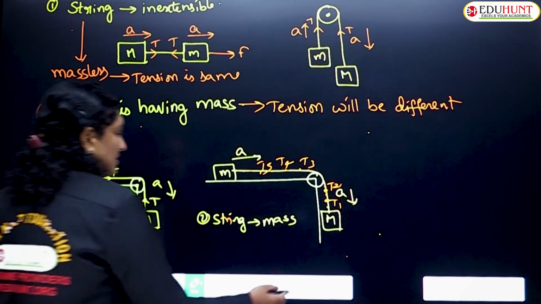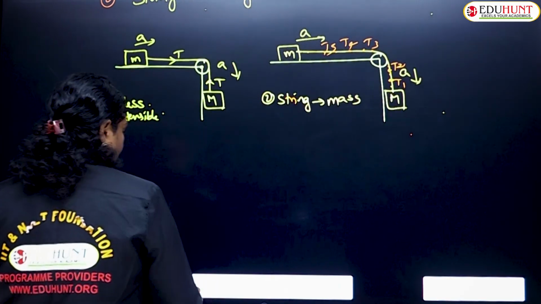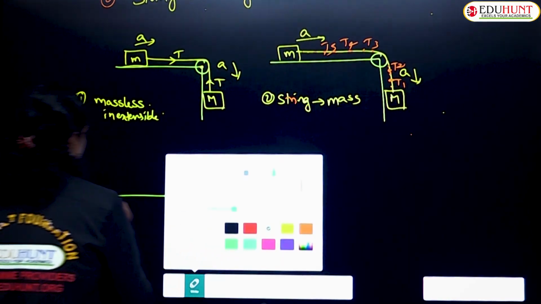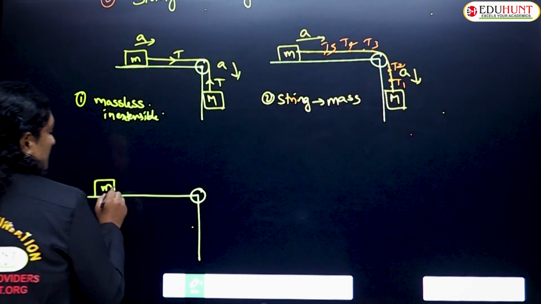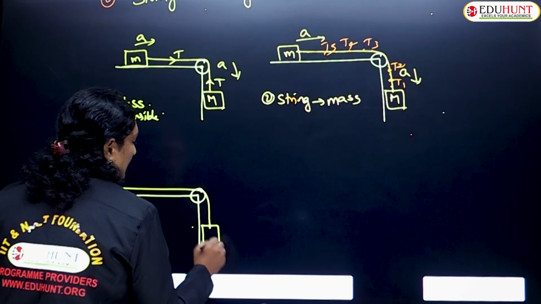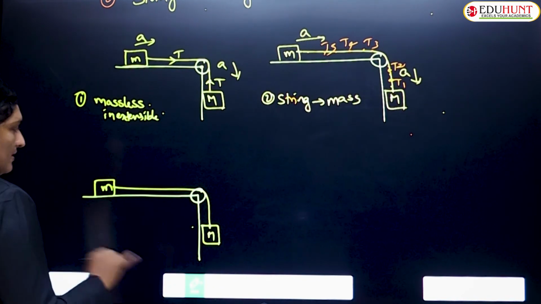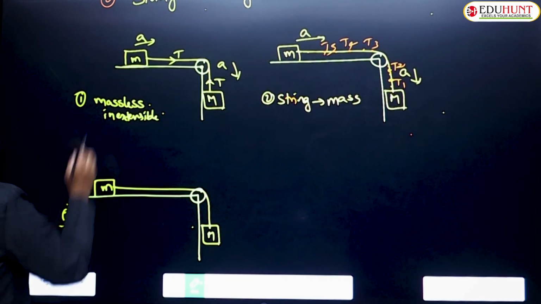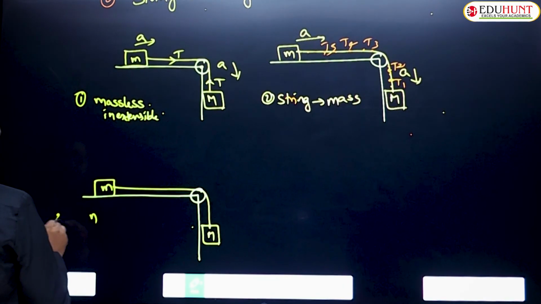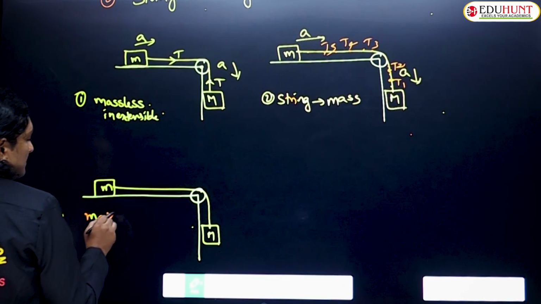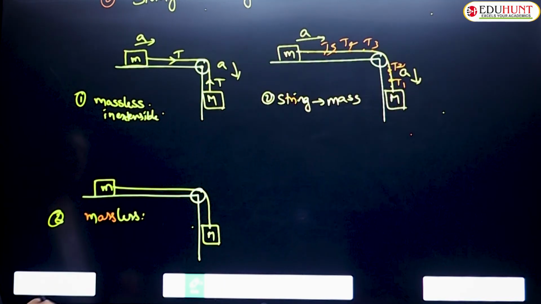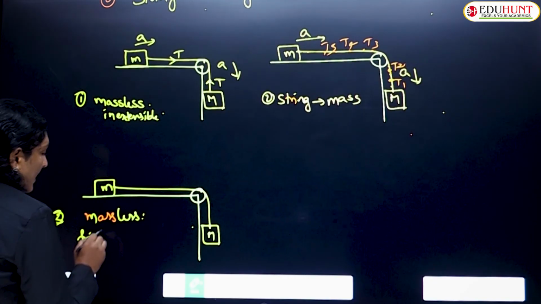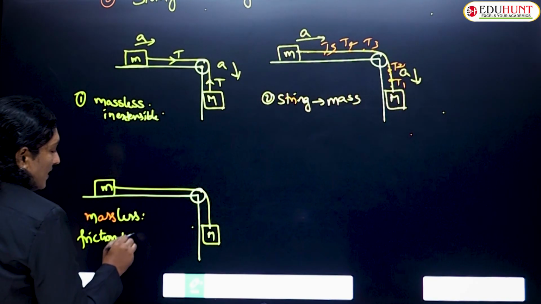Now one more example, children. Again the same table, to which a mass M is attached to another mass, capital M, with the help of a string. In this case, case 3, the string happens to be massless, but there is friction between the pulley and the string.